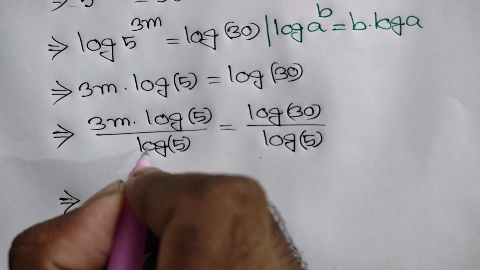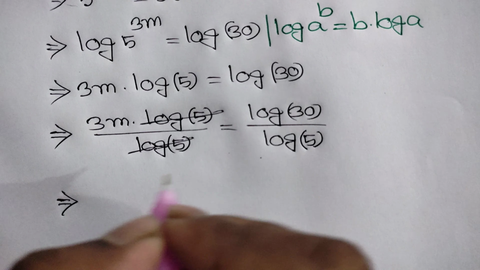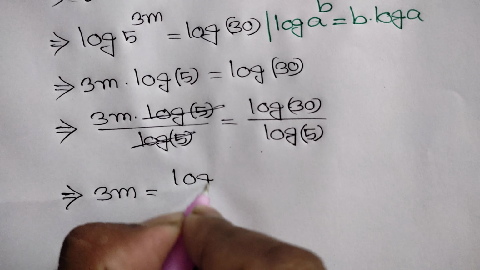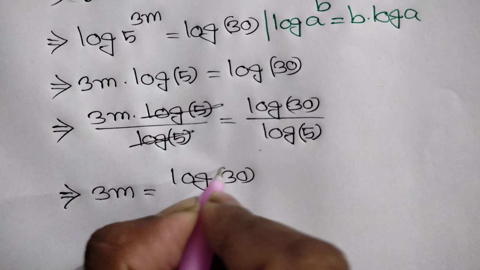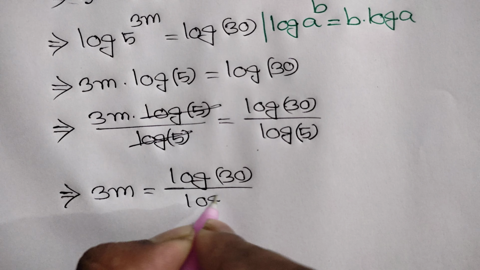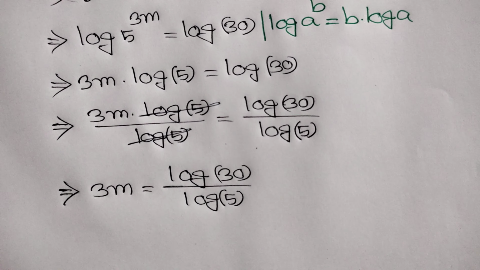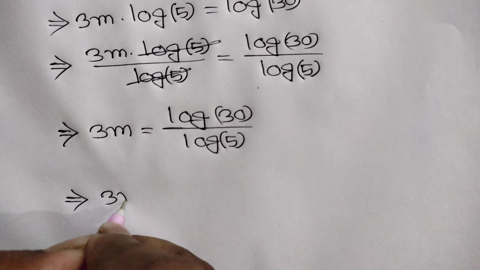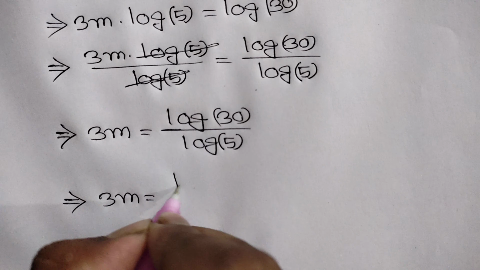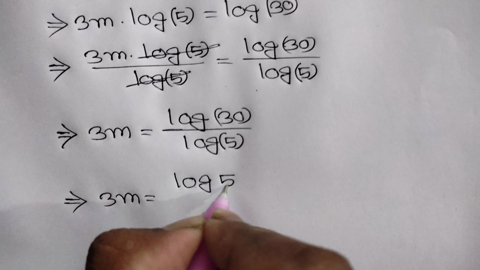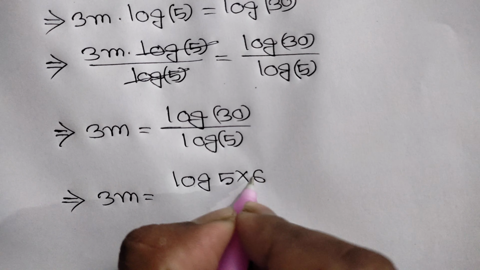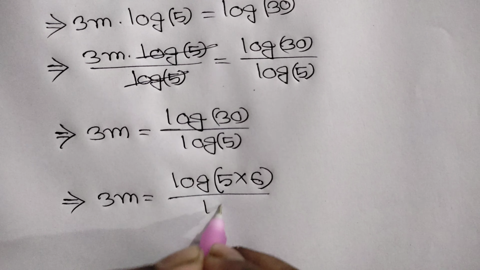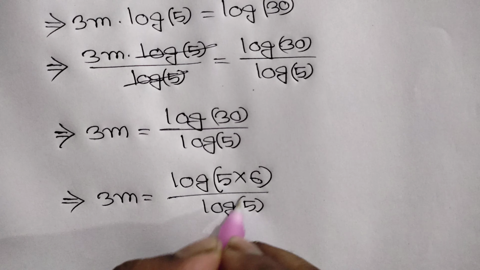Now this log of 5 cancels out this log of 5, so here we will get 3m is equal to log of 30 over log of 5. Okay, now log of 30 can be written as log of 5 times 6. We know 5 times 6 is 30, over log of 5.